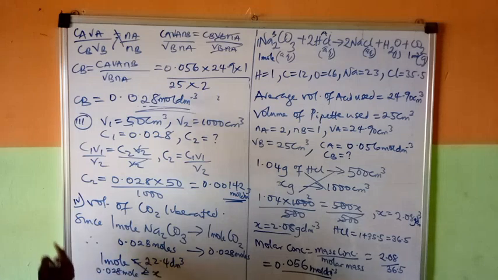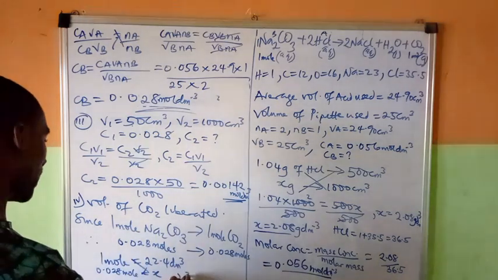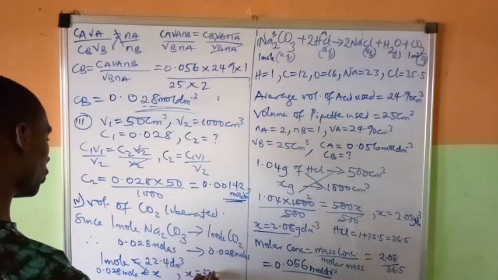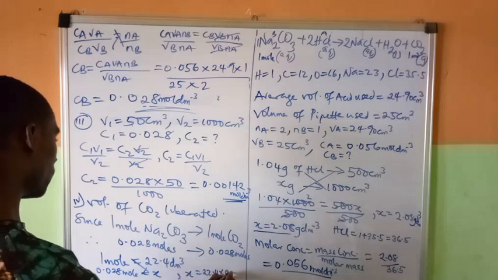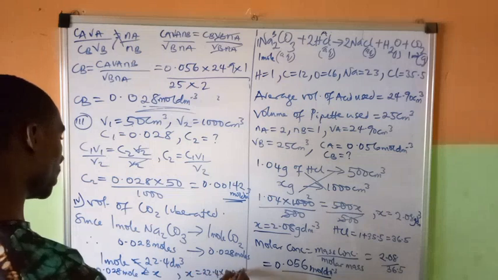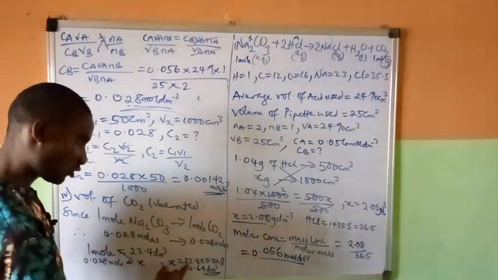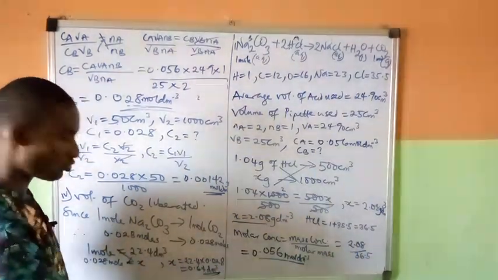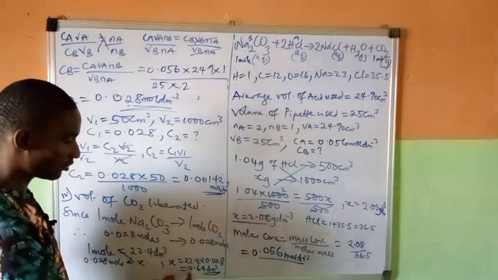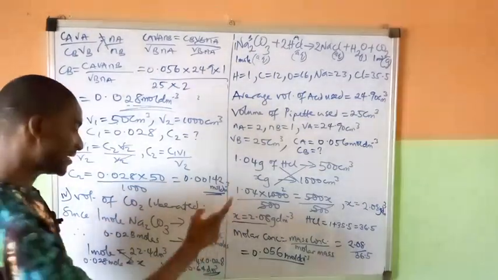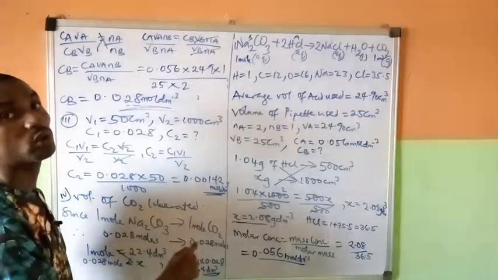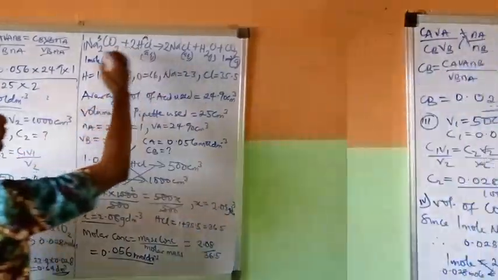So you cross multiply. Our x is going to be 22.4 multiplied by 0.028. And the final answer is 0.64 dm³. That is the volume of CO2 that was liberated.